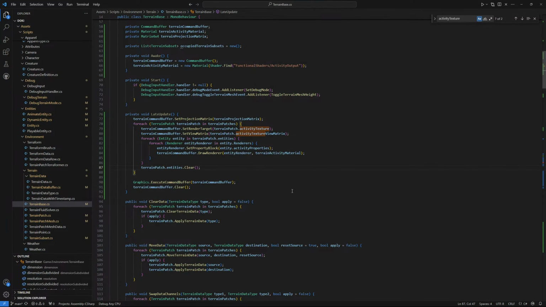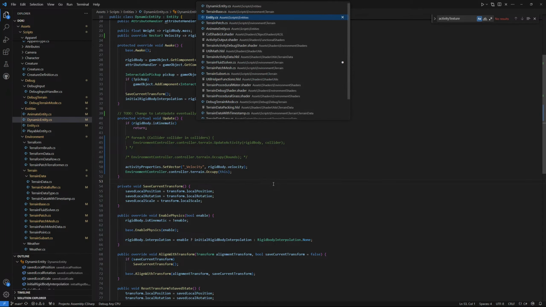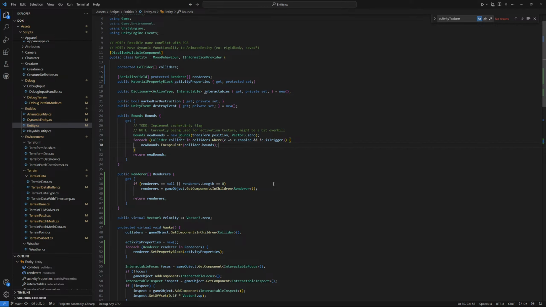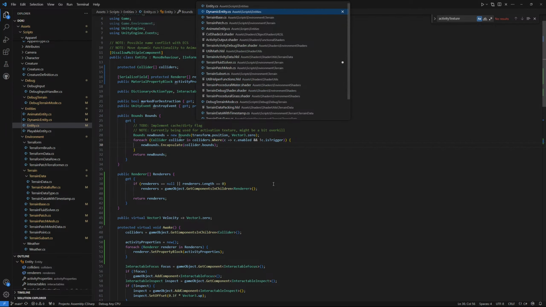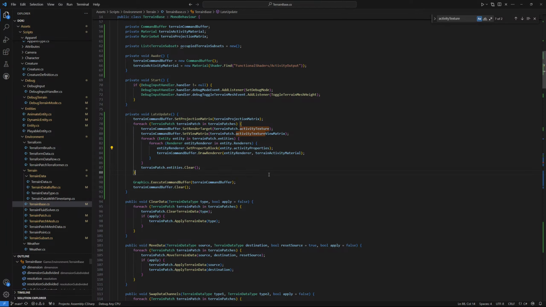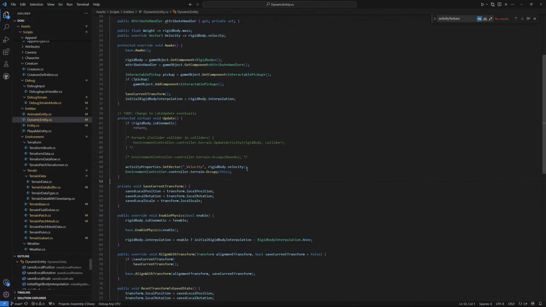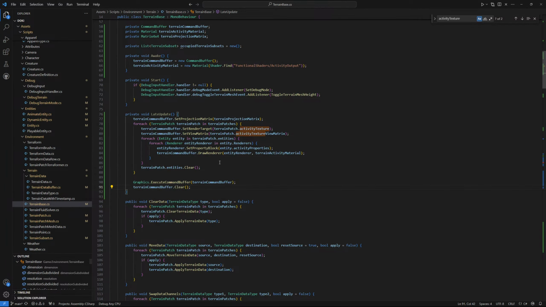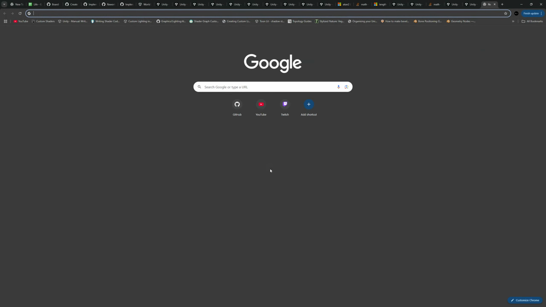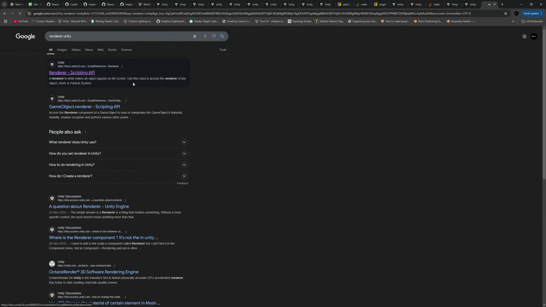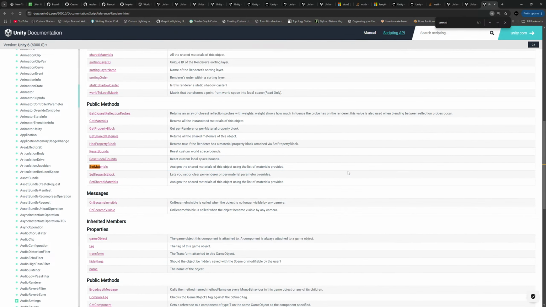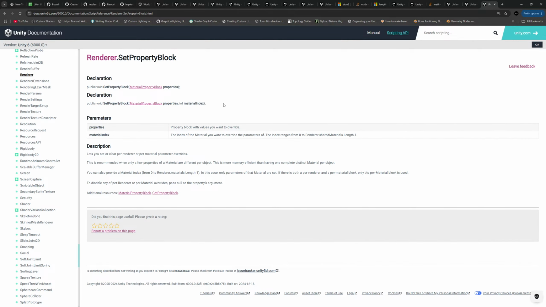One sec. It's per renderer. Per render, I would set per material index.